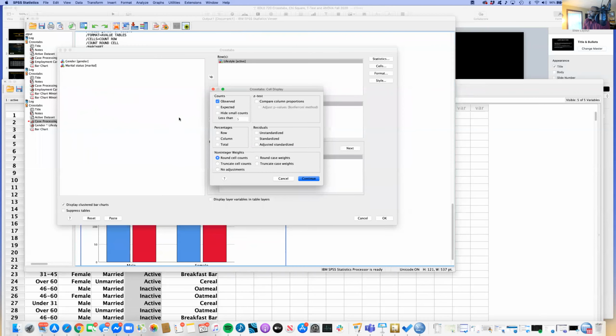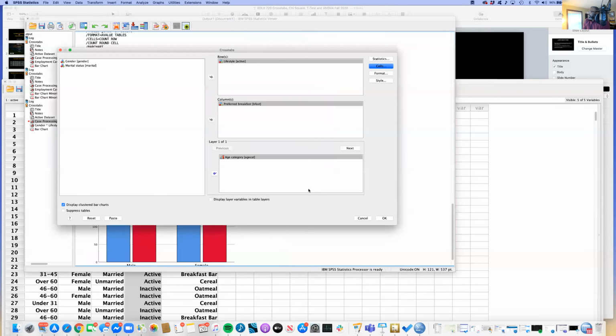I'm going to go back to cells and do row percentages. So I have display clustered bar charts checked, I have age category, preferred breakfast, and lifestyle active. And now I can go ahead and click OK.